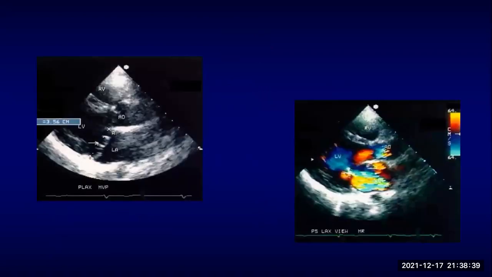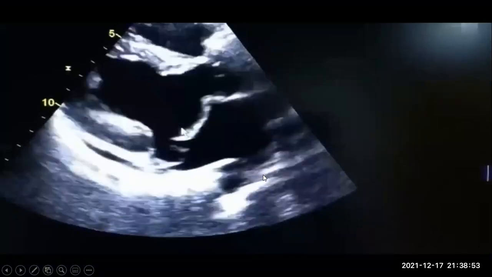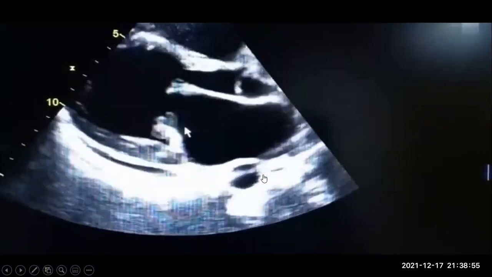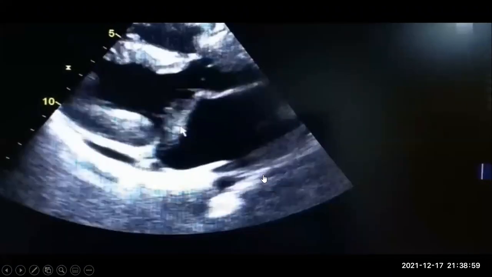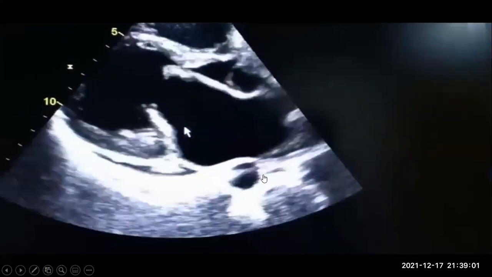Okay, so here you can see a mitral valve prolapse with a mitral valve disjunction, okay, and a severe mitral regurgitation. This is a case I saw today. This is a patient diagnosed at 12 years old having a Barlow disease.